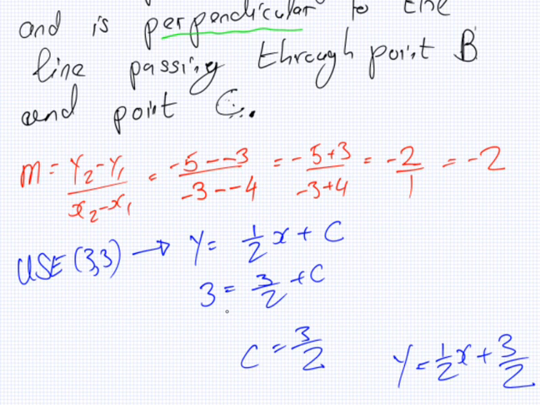We can only use A because only A is on the line. B and C are not on line L. So we must use A, 3, 3. That goes in and I get 3 equals 3 over 2 plus c. So c equals 3 over 2. So I have y equals a half x plus 3 over 2.